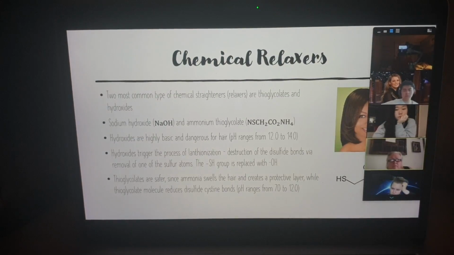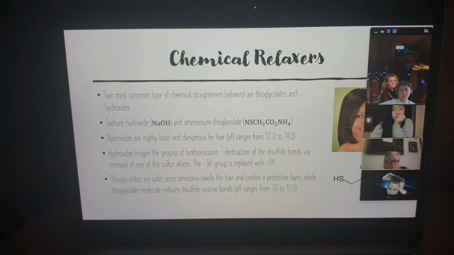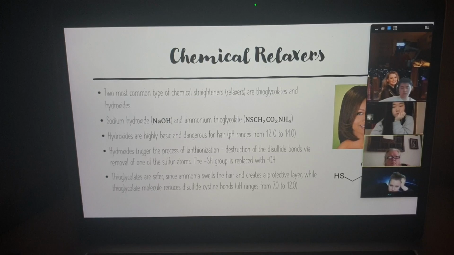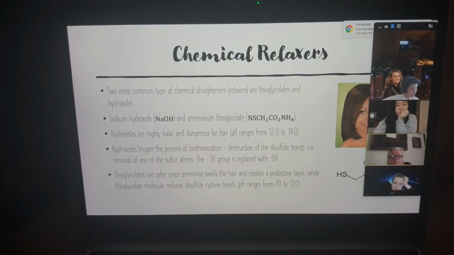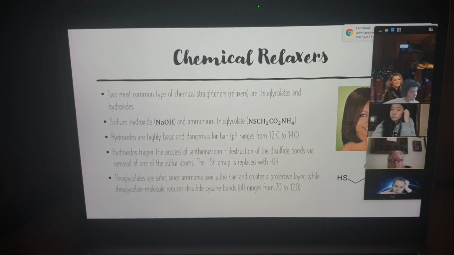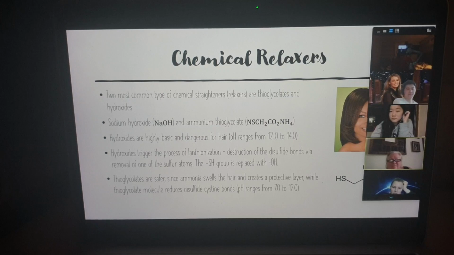So, chemical relaxers. There are two most common types of chemical relaxers: thioglycolates and hydroxides. The most common thioglycolate is ammonium thioglycolate. Here's the formula. It's long, I'd rather not pronounce it.